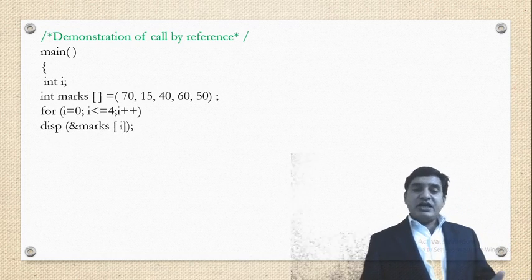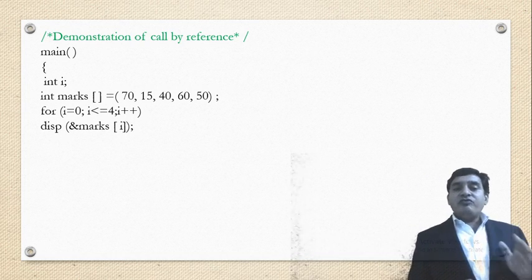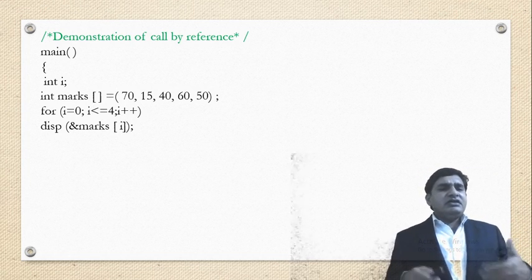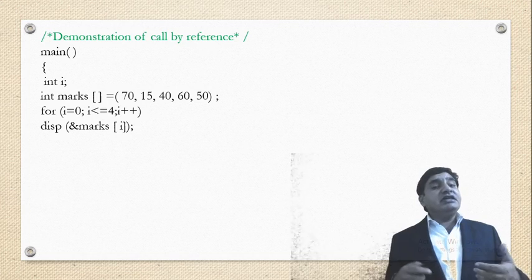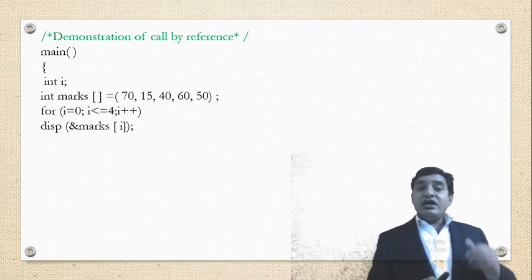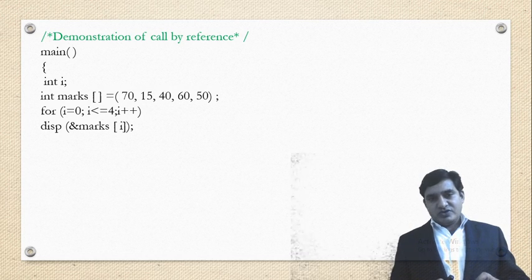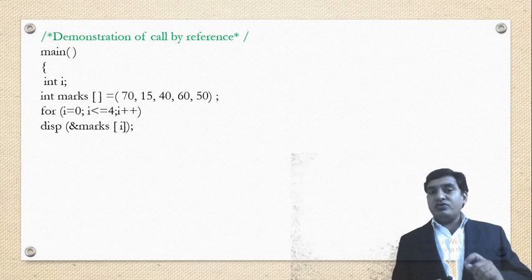Again we use a for loop: for i equal to 0, integer i is incremented by 1 up to i less than or equal to 4.